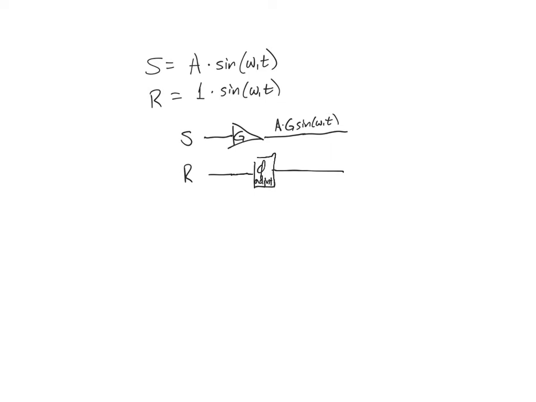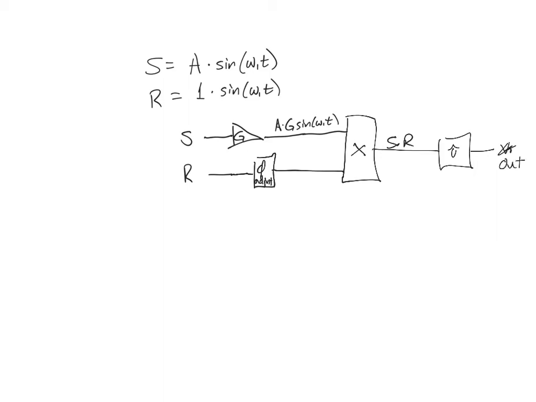And then these things feed into a multiplier. I'm going to multiply these two things, and what comes out is S times R. And then I'm going to run that through an averager. In this case, the averager is going to be something with a time constant, so we'll just write this as some tau, like this. And then there's finally the output, or I'll just call it out.